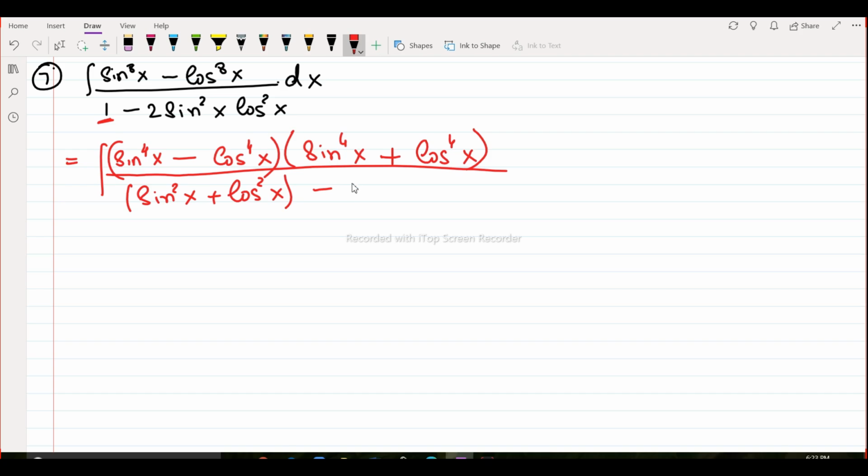So I can just keep this as it is, 2 sine square x cos square x, and this is dx.